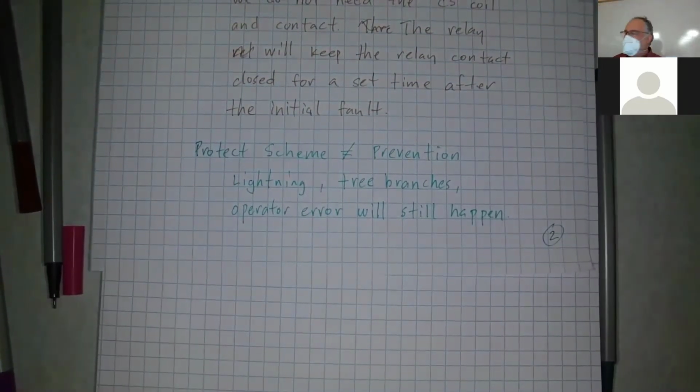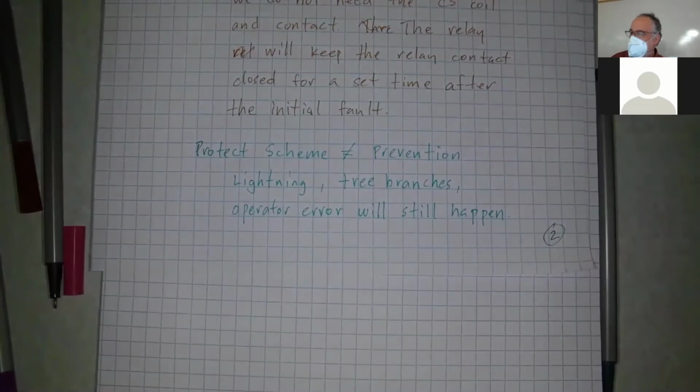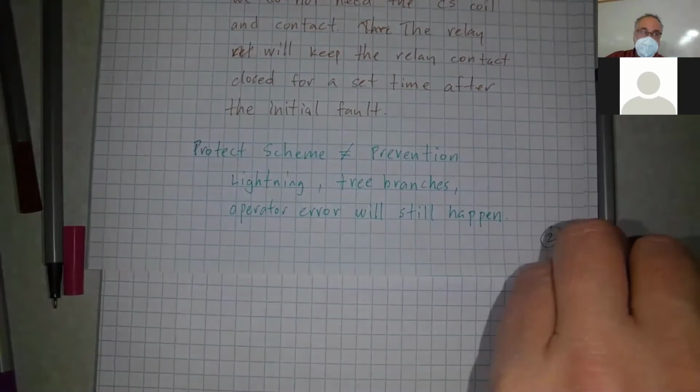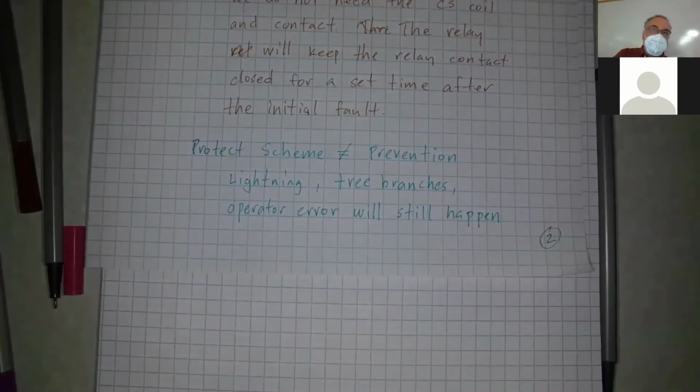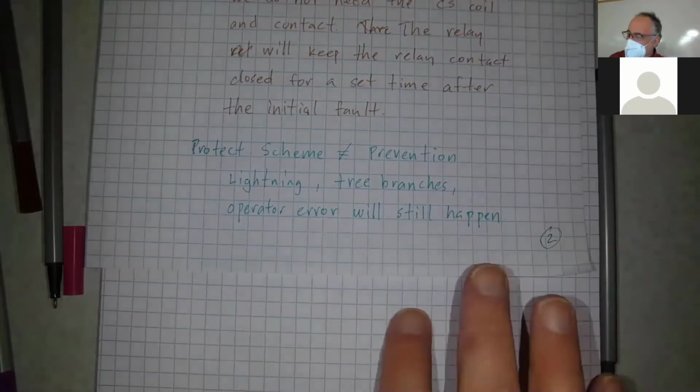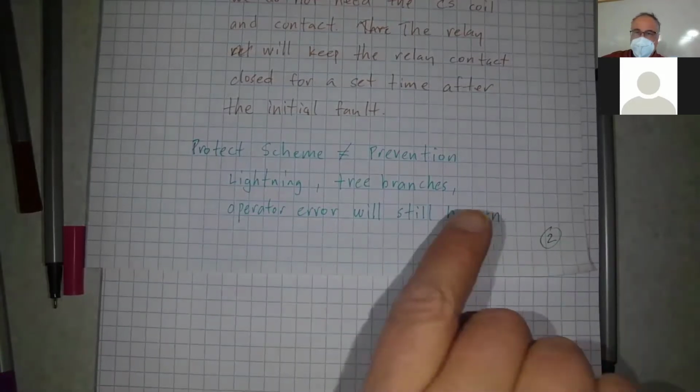Okay, so we're not doing prevention. We're looking at the system, and when there's a fault, we're doing something to try to minimize the effect of that fault. Okay, but we're not getting rid of faults. We can do other things to try to protect from lightning, other things to protect from fallen tree branches, and other things to protect from operator error.